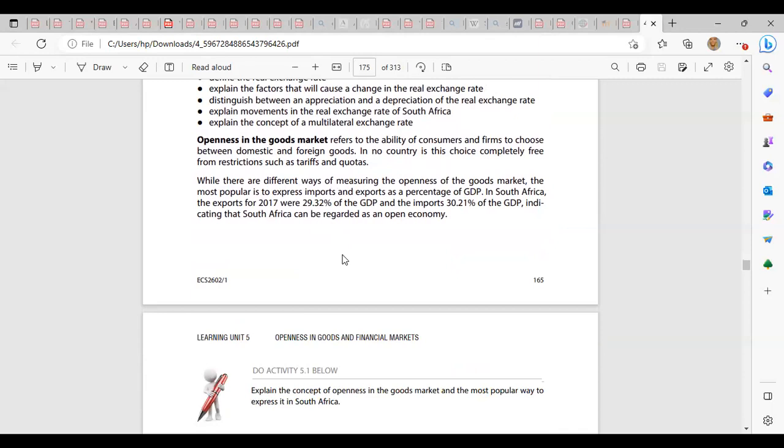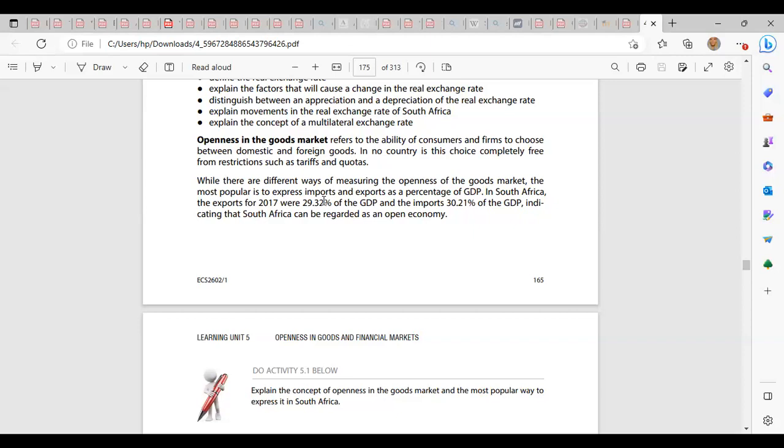You take the total of your imports and your exports and divide it by your GDP. It measures how open we are to trade, both in terms of importing and exporting. That's one important measure that is used.